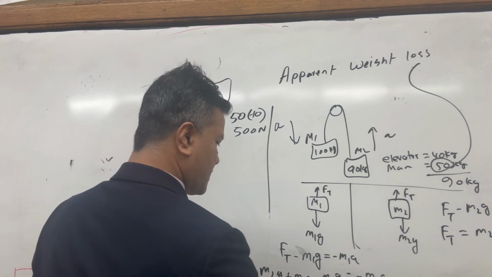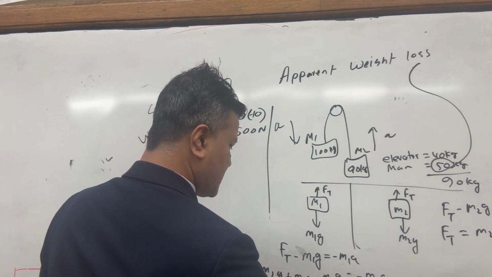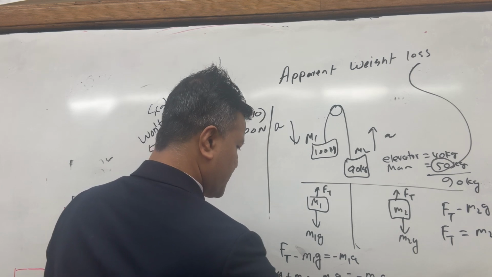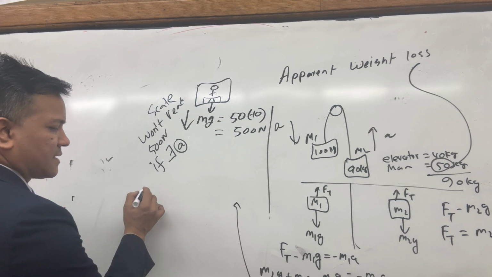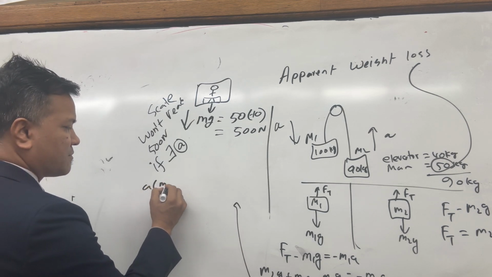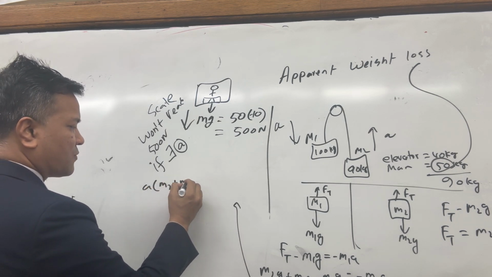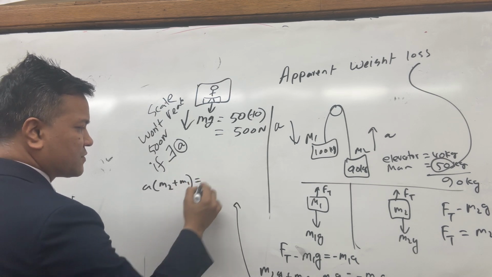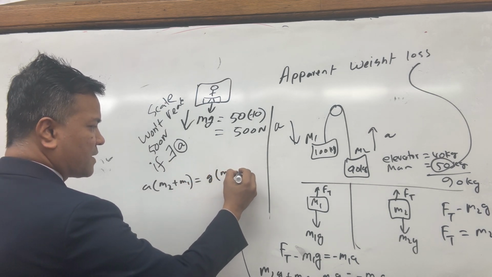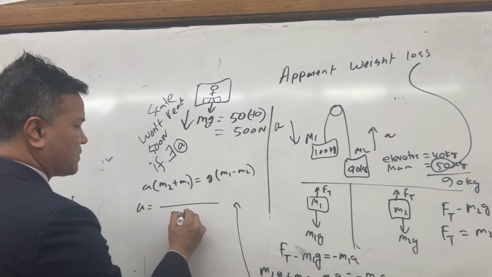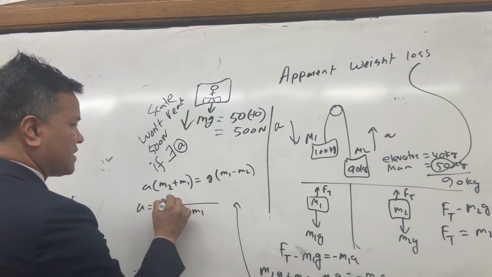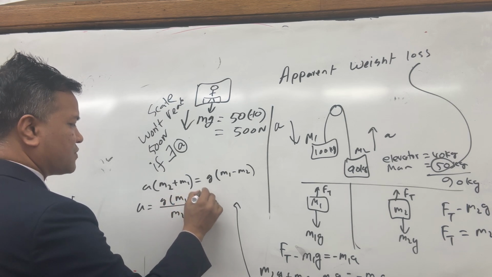You understand the other one over there, m1g minus m2g. So we're going to now factor out. a times (m2 plus m1) is equal to g times (m1 minus m2). So a is g(m1 minus m2) over (m2 plus m1).